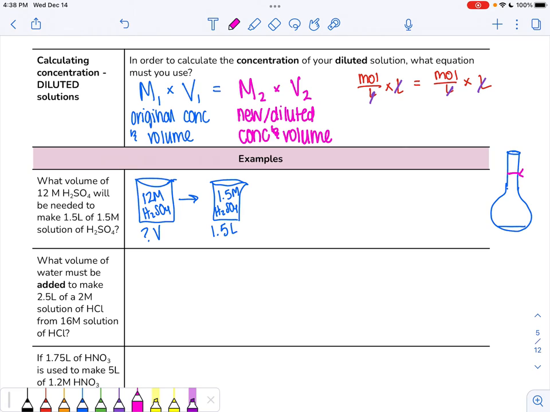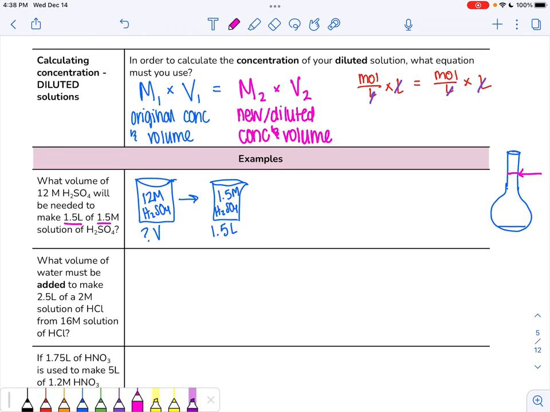So I would add it into there. Then what I can do is dilute it up to a certain mark with water. And then that acid that's of a certain concentration now has all that space to roam around, gets mixed in, and that helps dilute my acid.